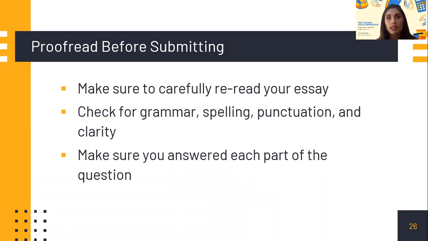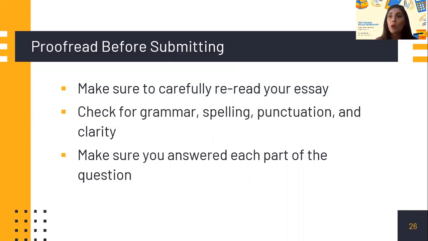So what you want to do is make sure to carefully reread your essay and check for 4 different things: grammar, spelling, punctuation, and clarity. What clarity means is that you are very clearly getting across the argument or message that you want to get across in your essay.